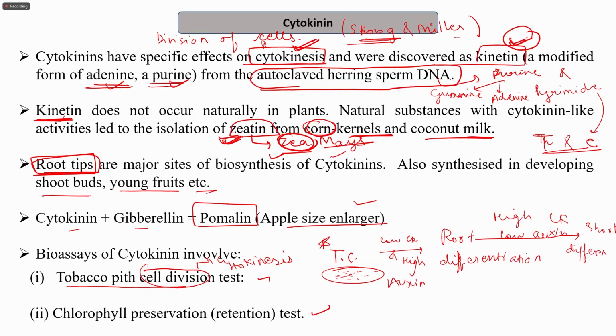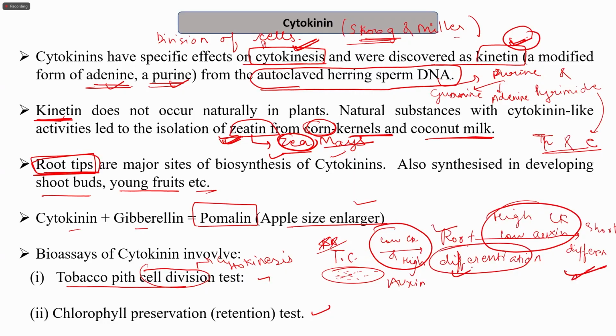So this is important: low cytokinin and high auxin, root differentiation; high cytokinin, low auxin, shoot differentiation. So more differentiated roots are produced and root elongation stops.